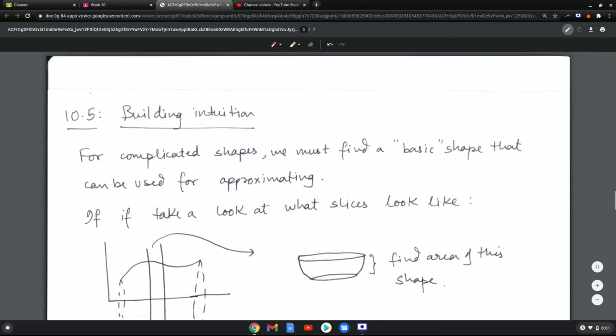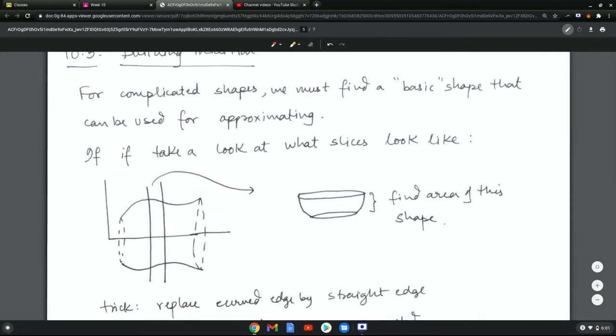Building intuition: for complicated shapes, our procedure is to find a basic shape that can be used for approximating. For volumes, we saw cylinders and cylindrical shells. For areas, we used rectangles. For arc length, we used straight lines. Now let's see what would be helpful in this case. Let's say that's f of x, and that's a solid formed by rotating it. And let's take a slice.